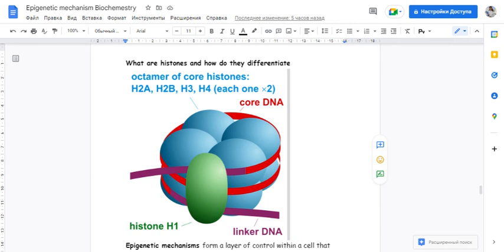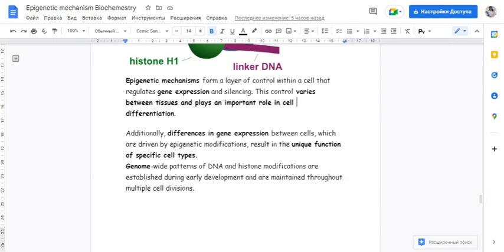So what's the point of epigenetic mechanism?